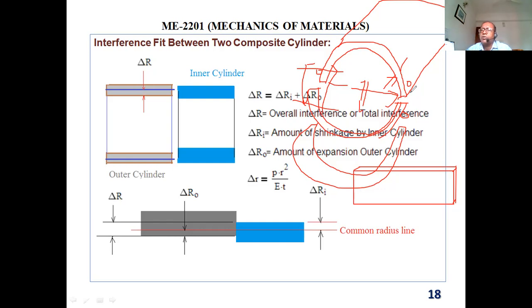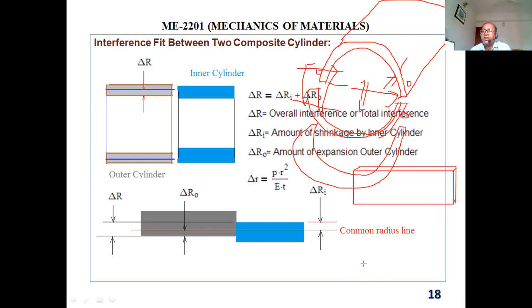But what is the problem over here? If thickness is too high, then it is very difficult to manufacture and also costly. So if you have a very thick pressure vessel, instead of one plate or one cylinder, you can use a composite cylinder.